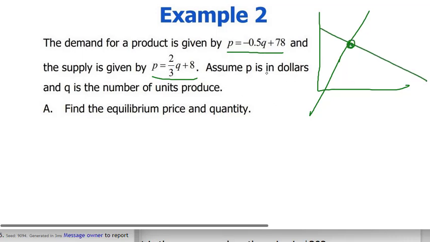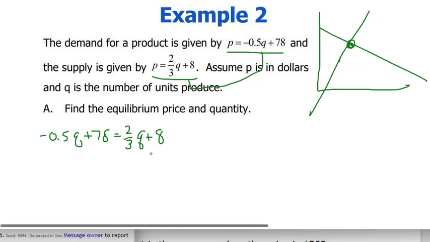At this place where they meet up, the price and the quantity are the same. So we're going to set these two things equal to each other: negative 0.5 Q plus 78 equals 2/3 Q plus 8. So we need to solve here.